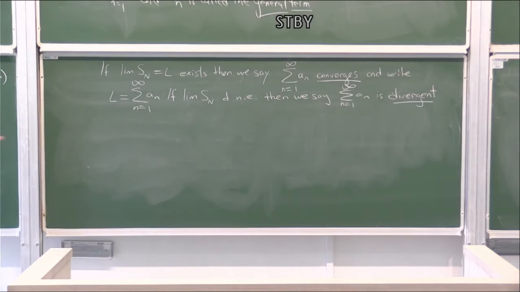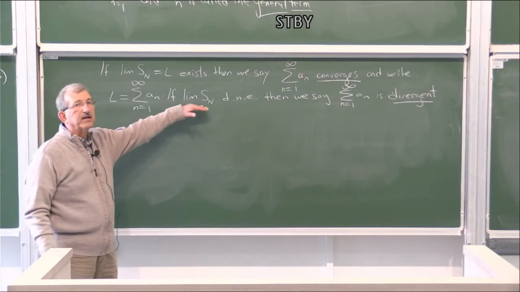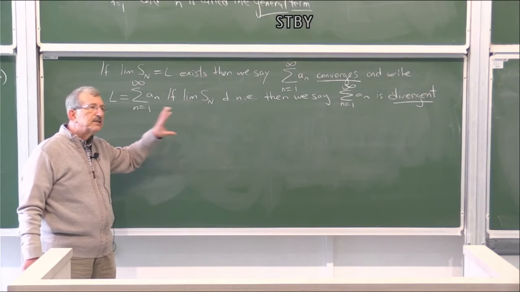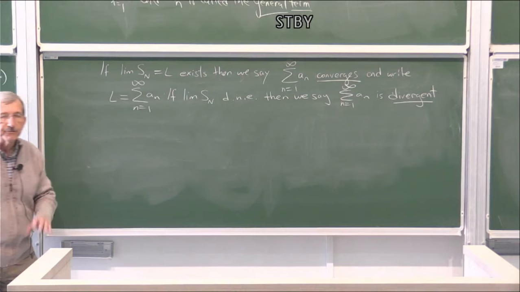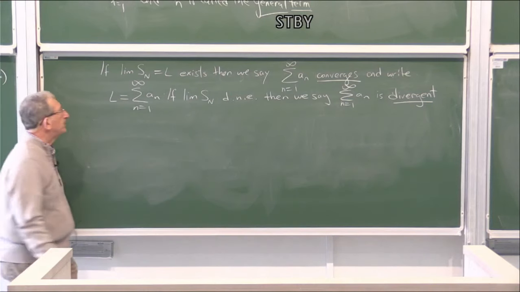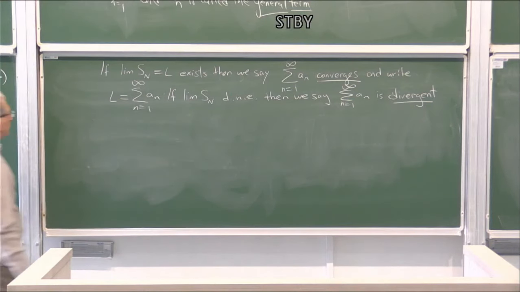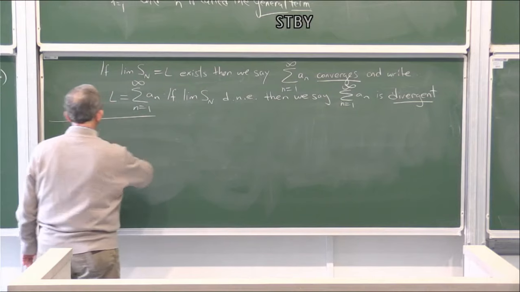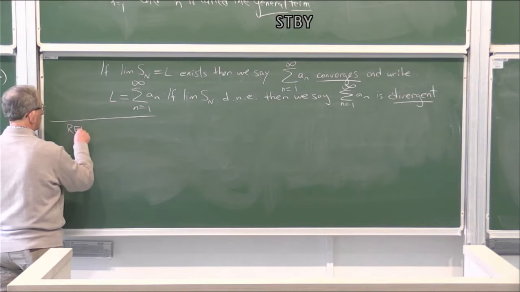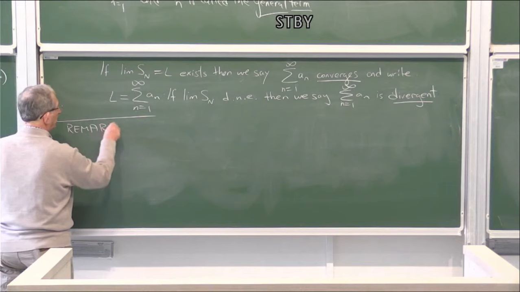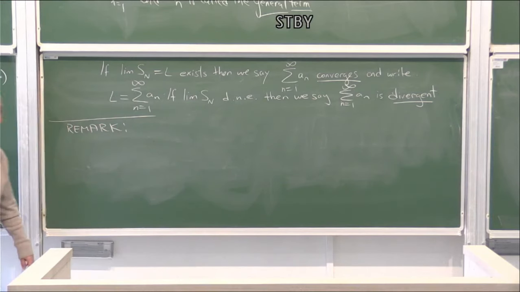So everything, again, depends on the limit of Sn. So the Sn sequence is the basic thing in a series. So, a remark which will emphasize this role of Sn.